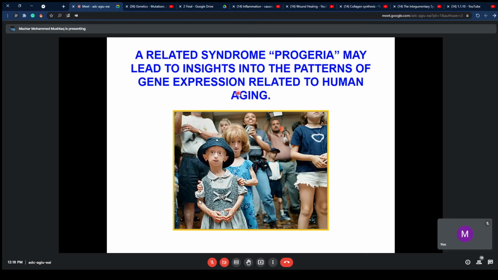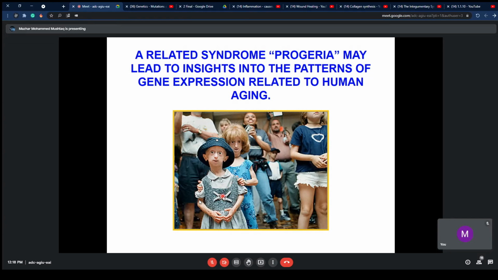This is an aging syndrome. It is called a progeria. It leads to a pattern in the expression of the human gene. You can see here the normal individual, and these two standing here are affected by progeria.